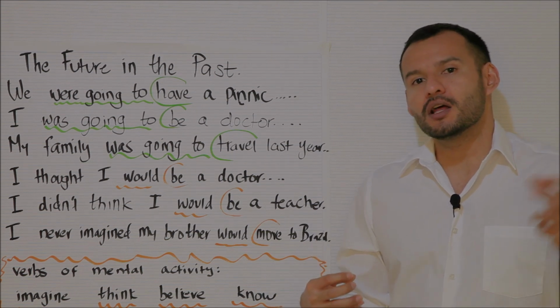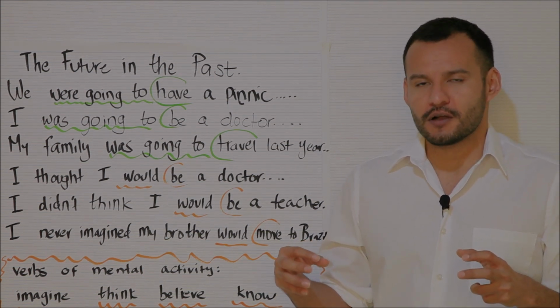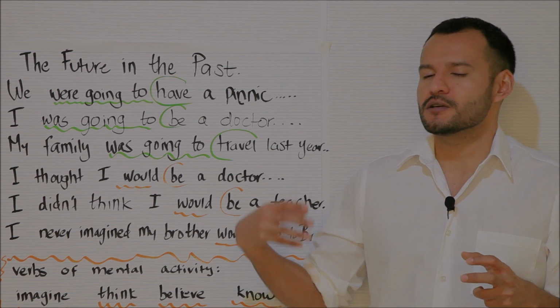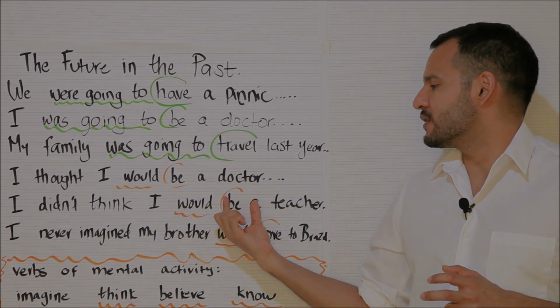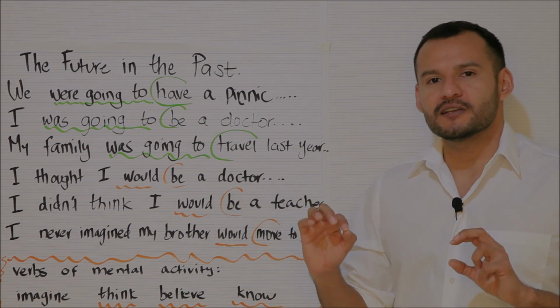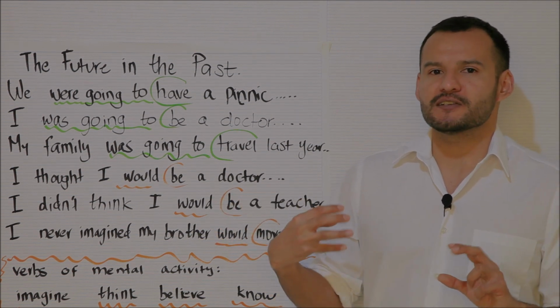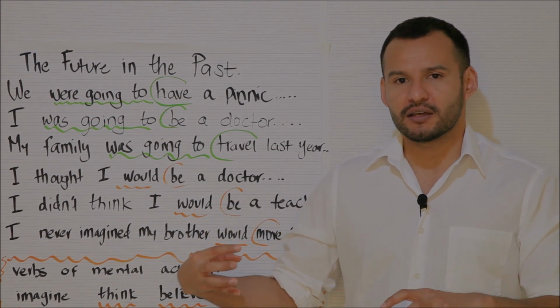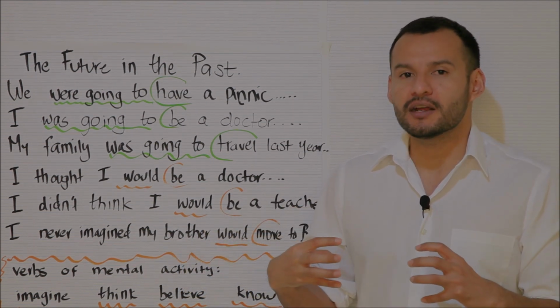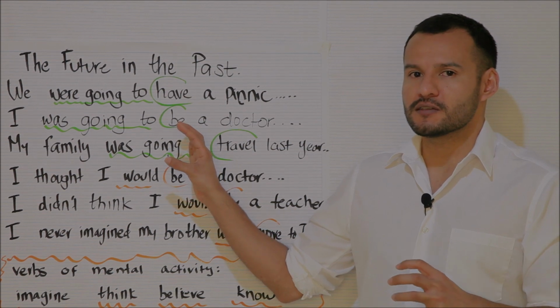And so the other common way to talk about plans that we had in the past or predictions that we made in the past is with would and a verb in the base form. However, it is important to note that I cannot simply say I would be a doctor or I would have a picnic. That would be incorrect in this particular context.